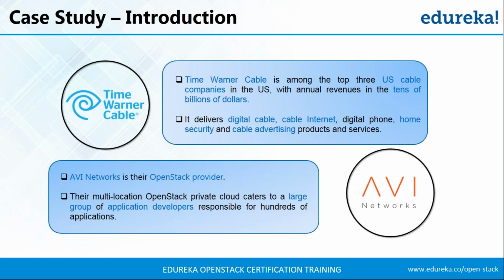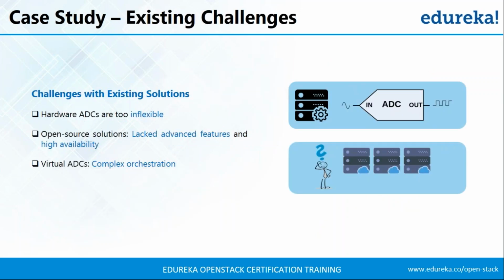So let us take a look at the problems they were facing and how OpenStack actually helped to solve them. You know that Time Warner Cable is a cable company, so they are using different ADCs, which are nothing but application delivery controllers. They were using very traditional and conventional hardware before, and you know the problem with hardware is that it is not very flexible.